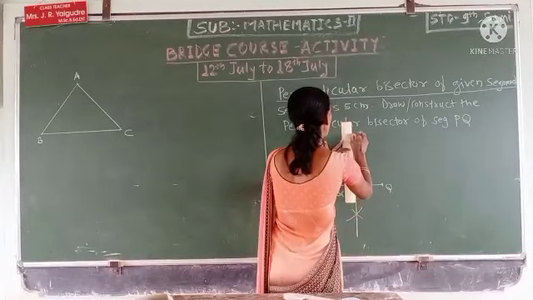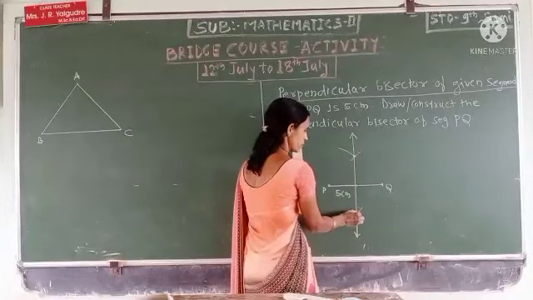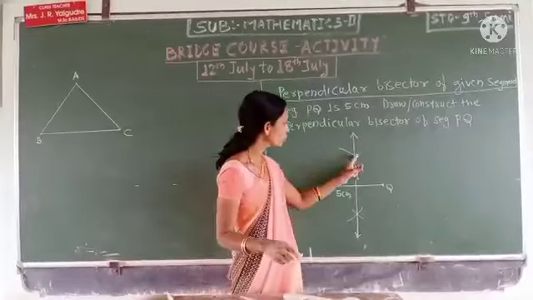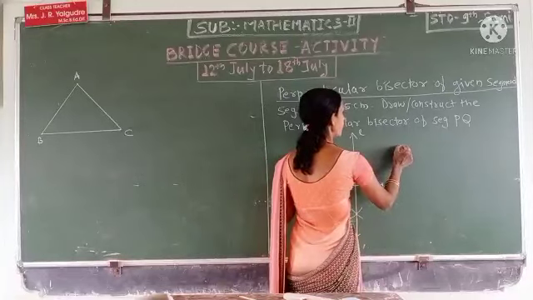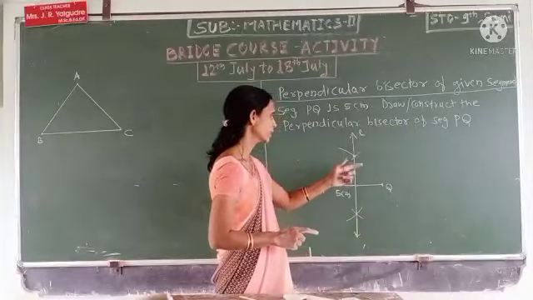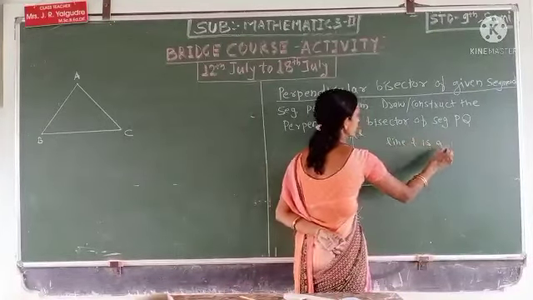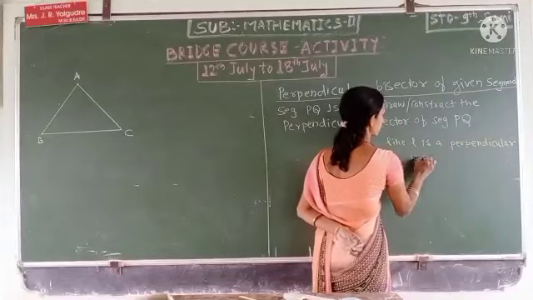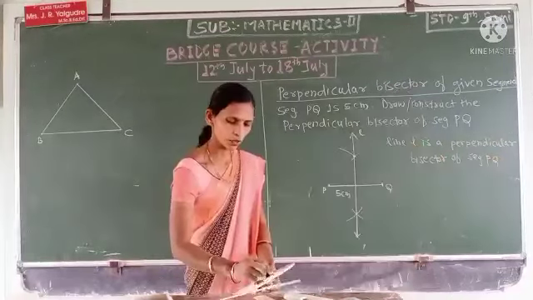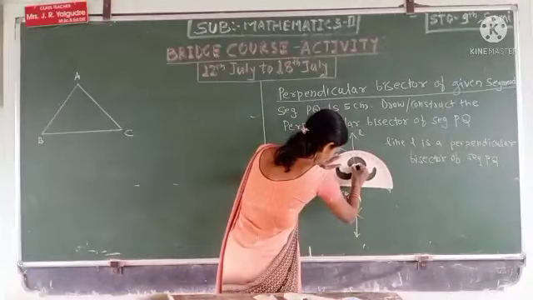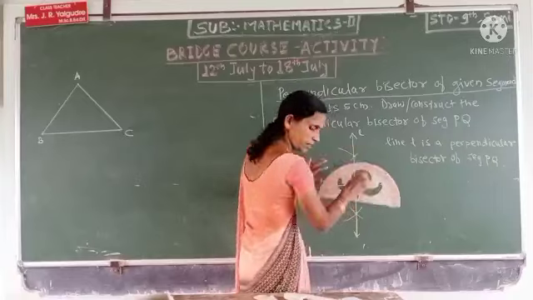If the line is drawn passing through those intersection points of those marks, then the line L is obtained, which is a perpendicular bisector of that given segment. See here, line L is a perpendicular bisector of segment PQ. With a protractor we can measure the angle, and see here that angle is 90 degree.